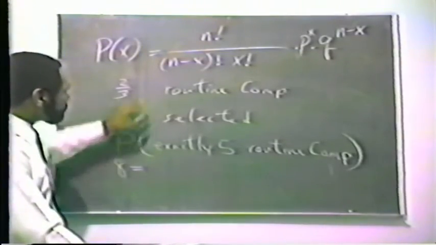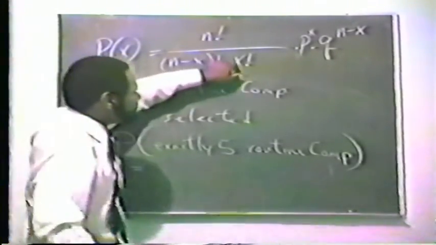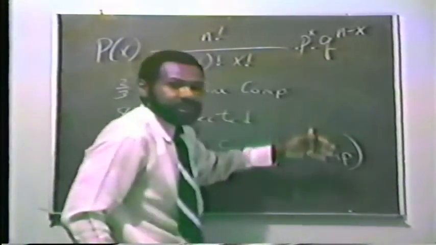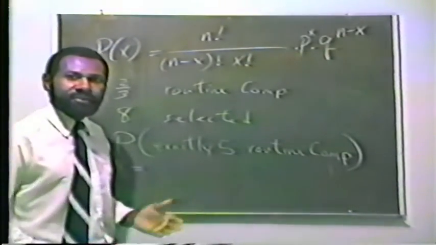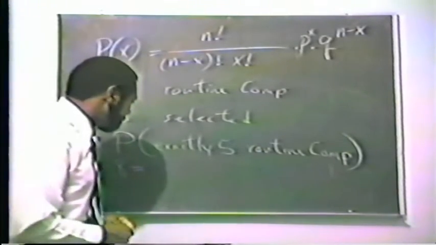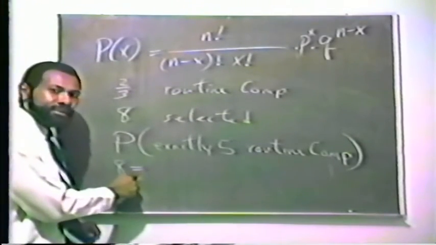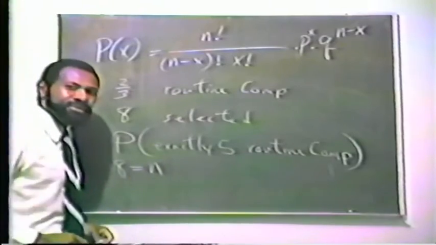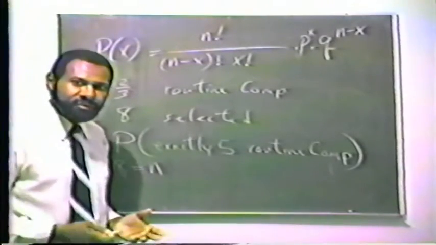So the 8 here would represent which one of these variables? Would it represent the P, the Q, the X, or the N? The 8 represents N. That's the sample size, or the number of trials.